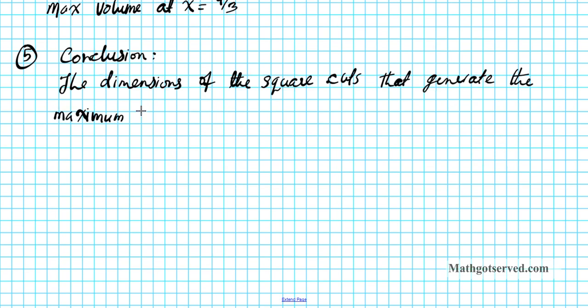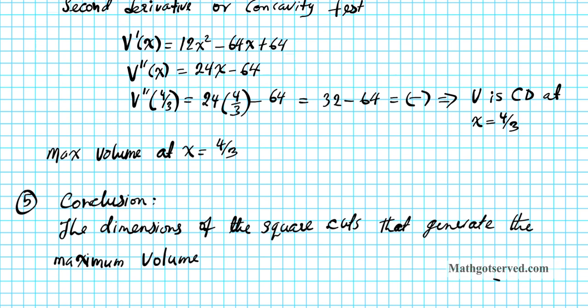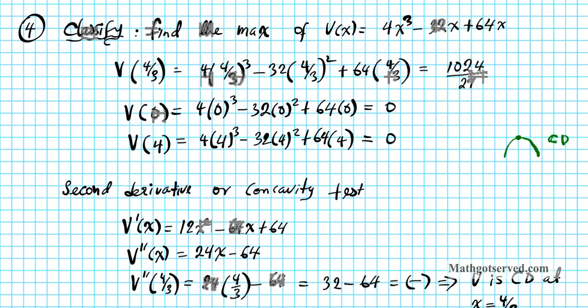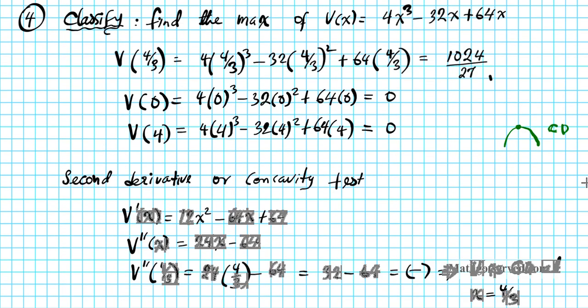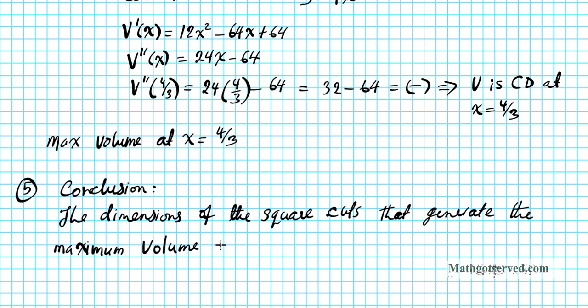What's the maximum volume? The maximum volume is the value of v at 4/3, and we already calculated what that was with a calculator. It's the maximum volume of 1024 over 27 cubic inches, with square cuts of 4/3 inch by 4/3 inch.